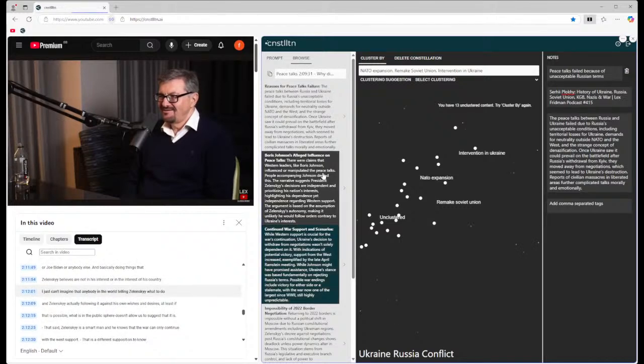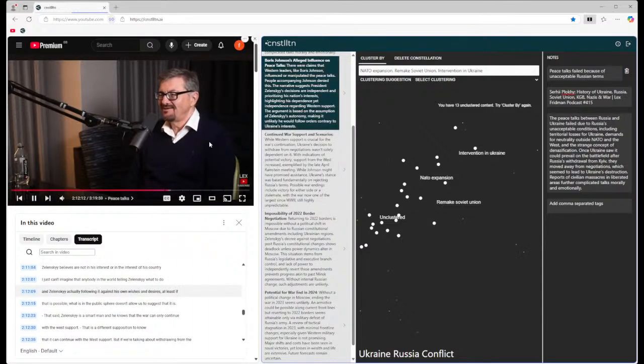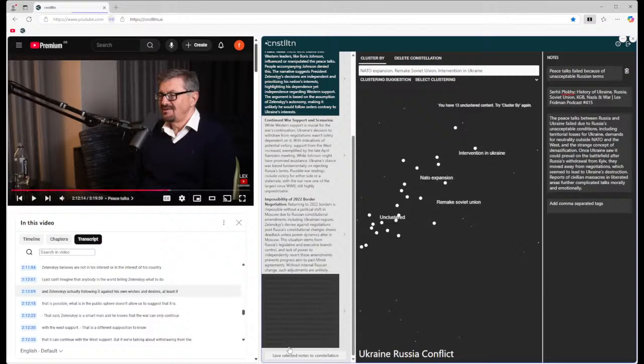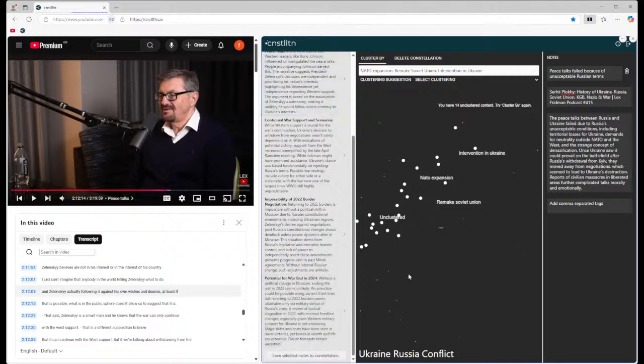I just can't imagine anybody in the world telling Zelensky what to do and Zelensky actually following it against his own wishes. This seems like a weak argument, because surely Zelensky recognizes that he needs Western weapons to win, or at least not lose.